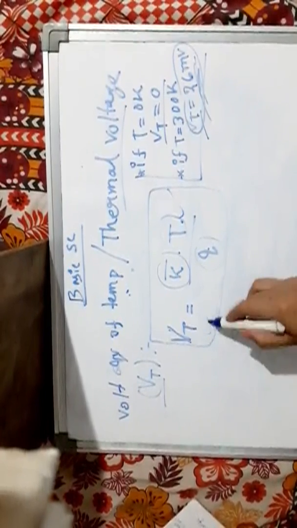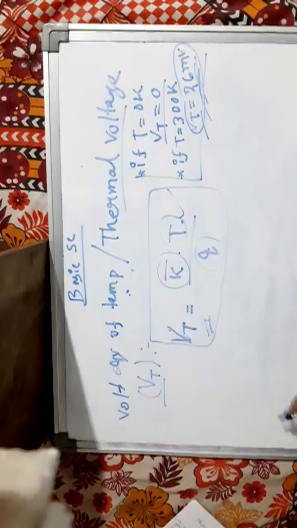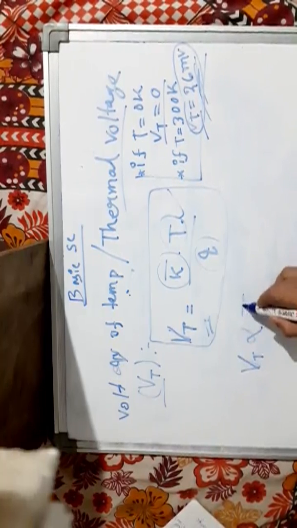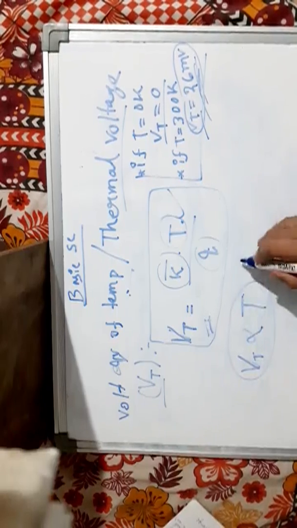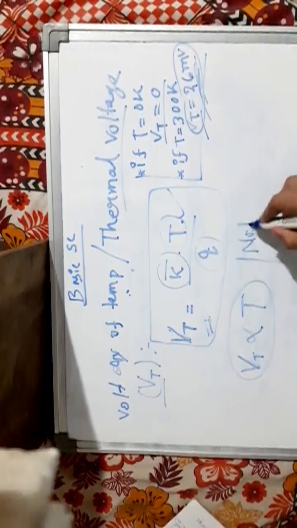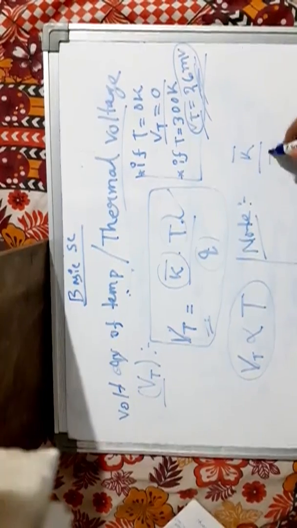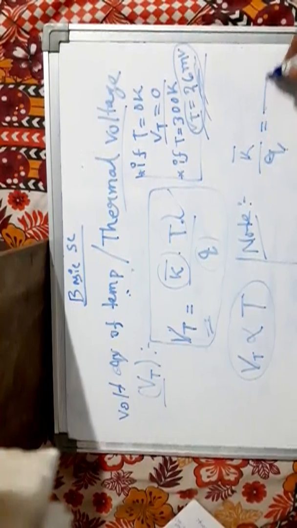So by this equation, we get one conclusion: V_T, the thermal voltage, is proportional to the temperature. Now you can note down that k by q, the Boltzmann constant by charge, equals 1 by 11600.